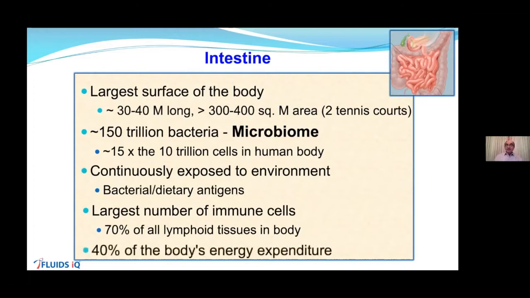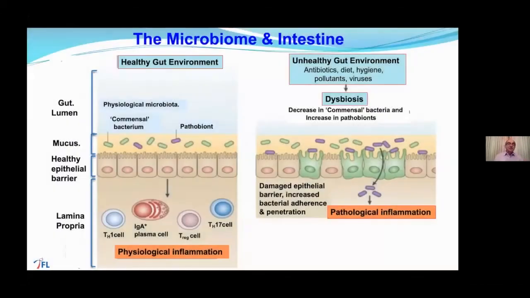And given its important function, 40%, fully 40% or even more of the body's energy expenditure is in the gut itself, for obvious reasons. A healthy gut environment is one in which the lumen has both commensal bacteria with a certain amount of pathogenic bacteria, pathobionts, which are under control within a healthy environment.